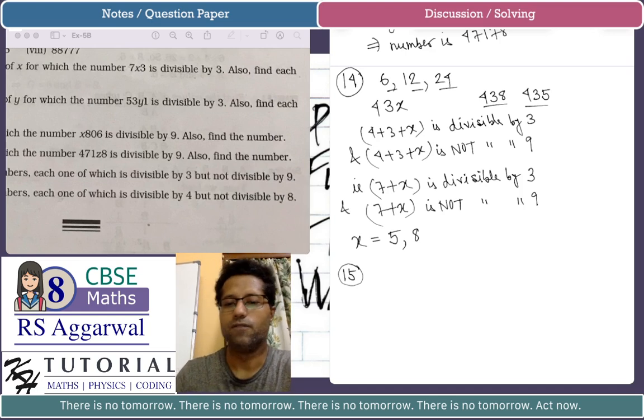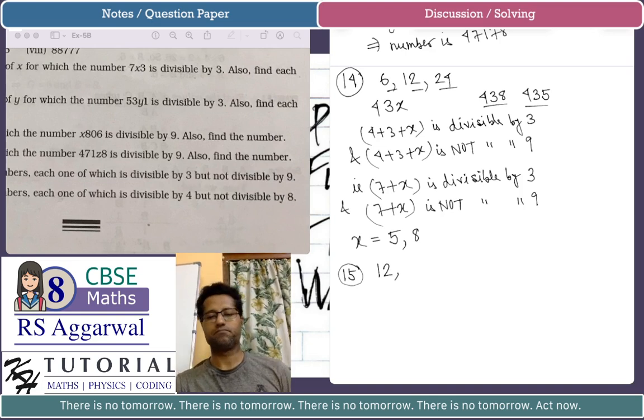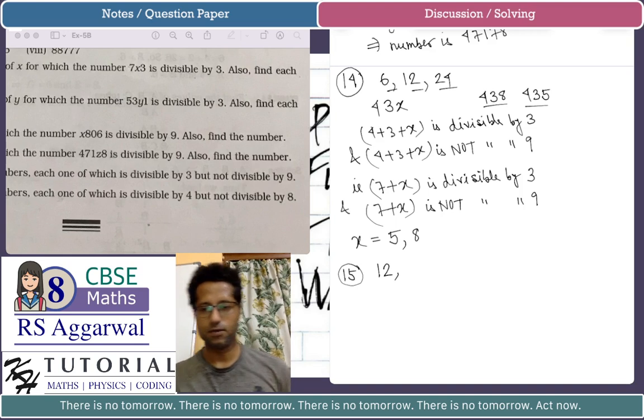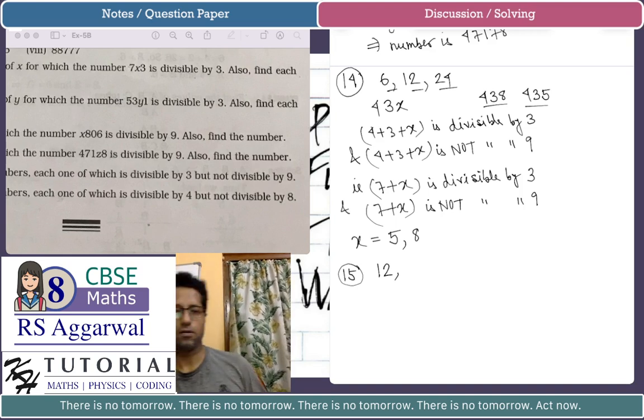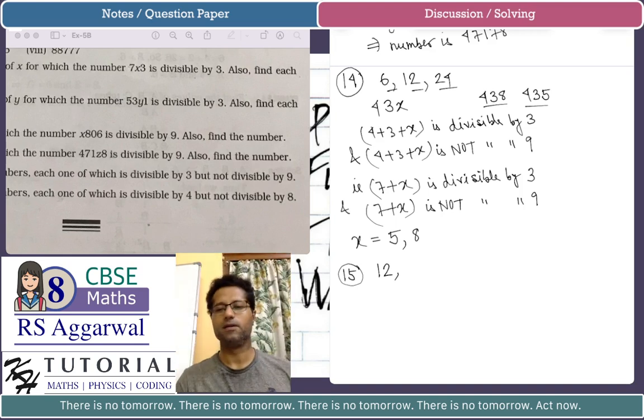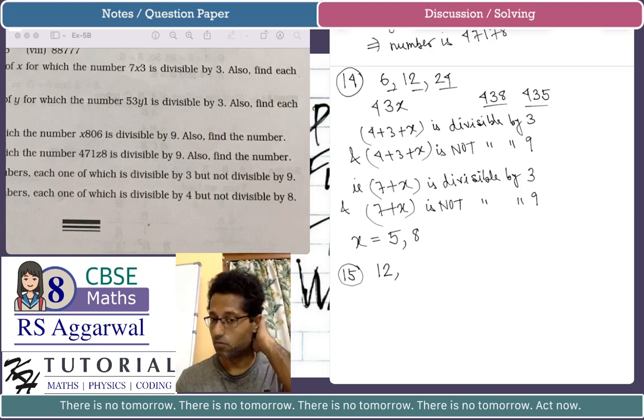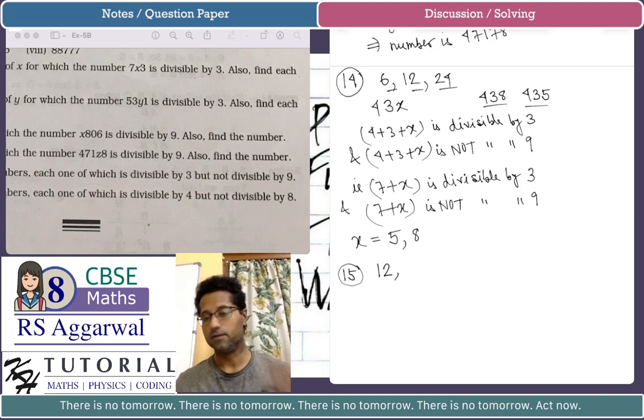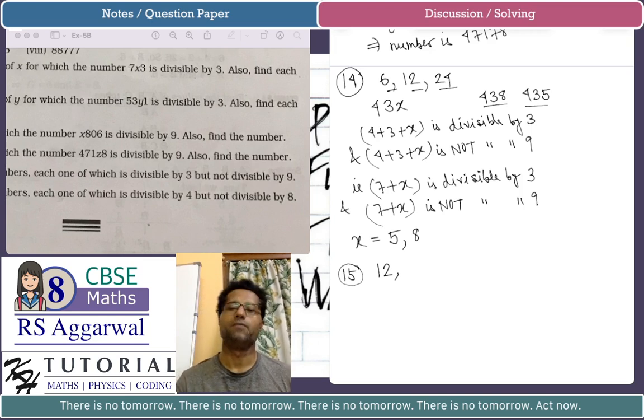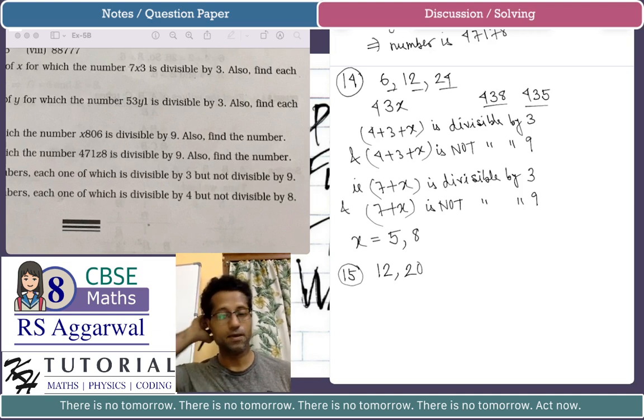So obviously 12 can be such a number. Let's have two-digit numbers which are divisible by 4 and not divisible by 8. 12 is divisible by 4 and not divisible by 8. We can also have 20. 20 is divisible by 4 and not divisible by 8.